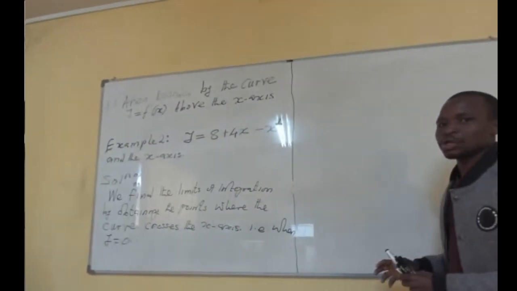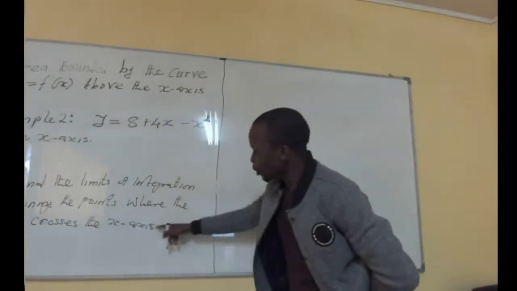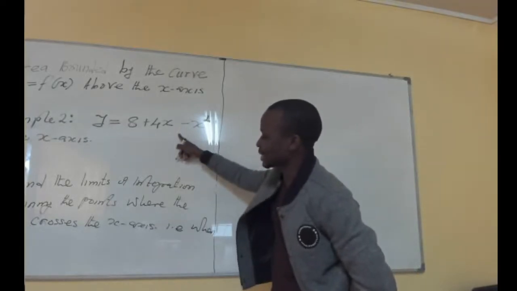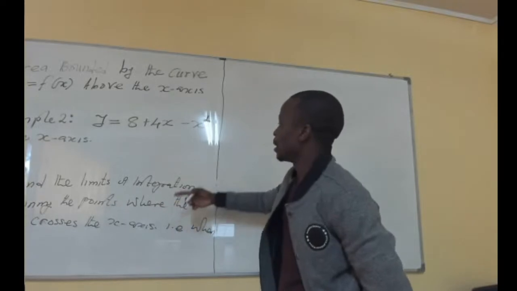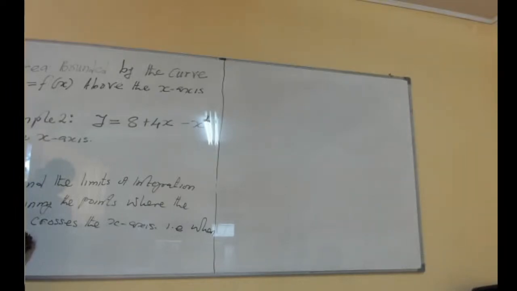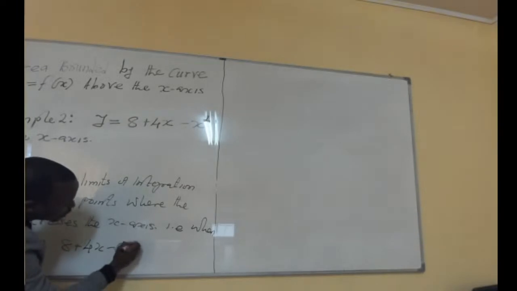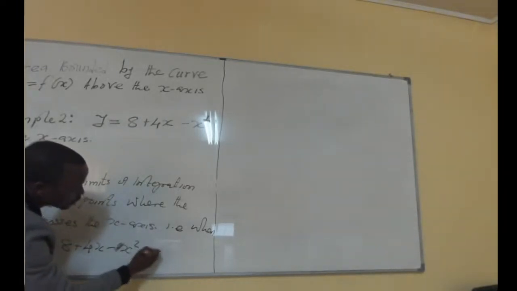At those points at which this curve meets the x-axis, the y value will be 0. So basically, we need to solve, when y is equal to 0, 8 plus 4x minus x squared equal to 0.